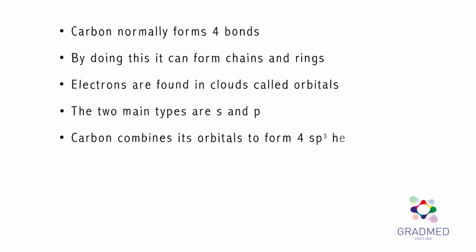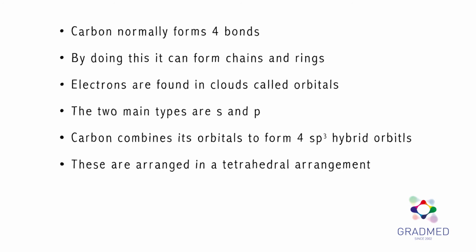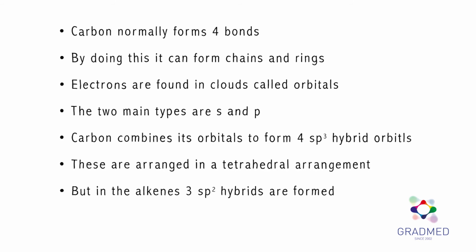Carbon combines its orbitals to form four sp3 hybrid orbitals, and these are arranged in a tetrahedral arrangement. But in the alkenes, three sp2 hybrids are formed, giving the alkenes a trigonal planar arrangement.